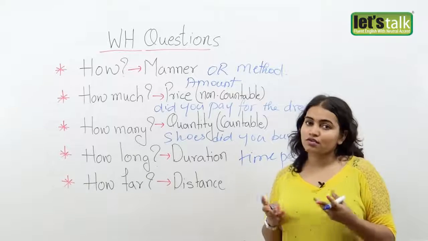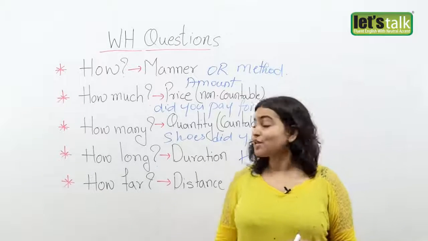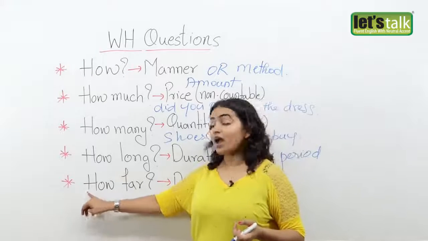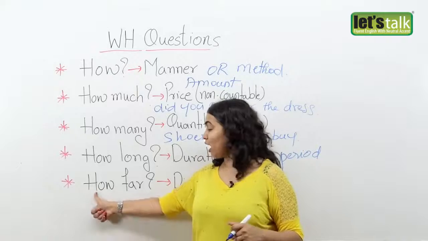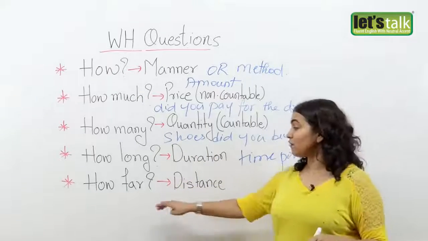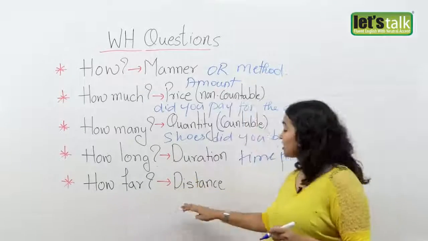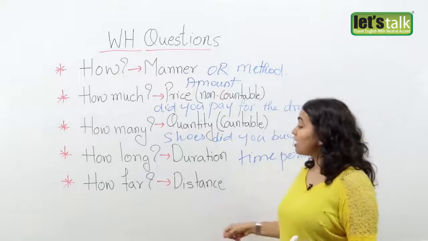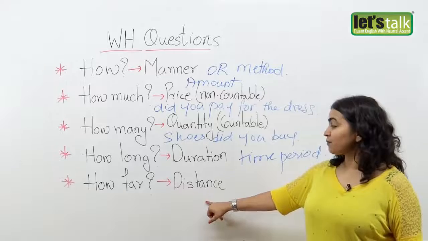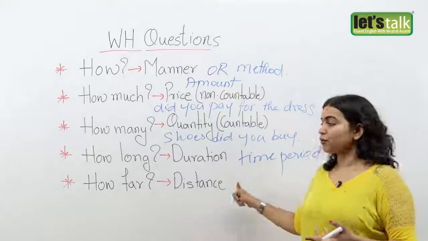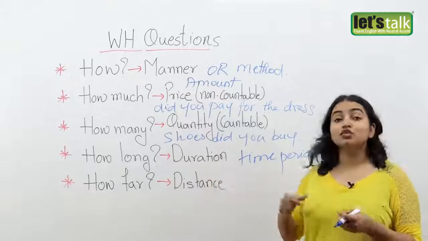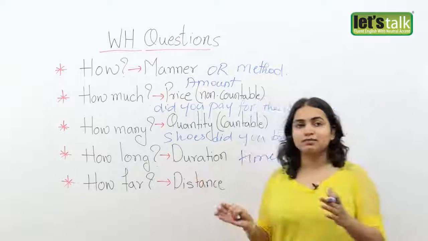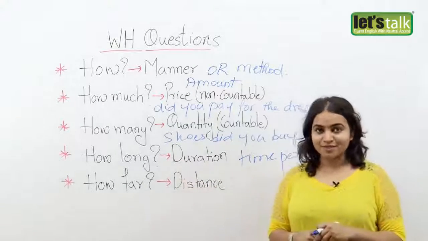It could be 2 hours, 3 hours, or maybe 5 hours. And our next question using the word how, when it is followed by the word far, we are always talking about the distance. I mean the physical distance. So I can say, how far is the local bakery from your house? Or how far do you live from the airport? So we're talking about the physical distance between two specific areas.